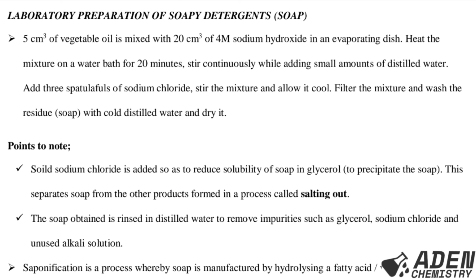When preparing soap in the lab, the products formed during manufacture are soap and glycerol. So glycerol is one of the impurities present in the soap. The second point, remember, is that sodium chloride is added to the mixture to precipitate the soap, or to reduce the solubility of the soap in glycerol.